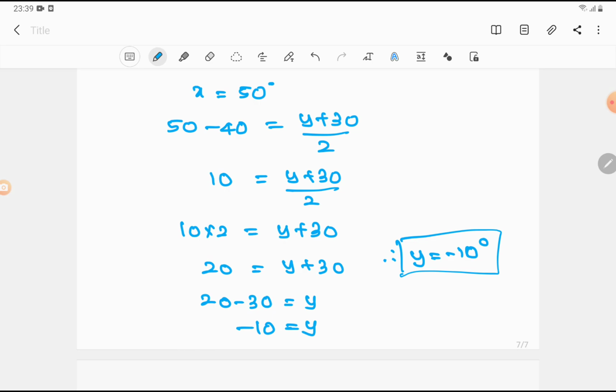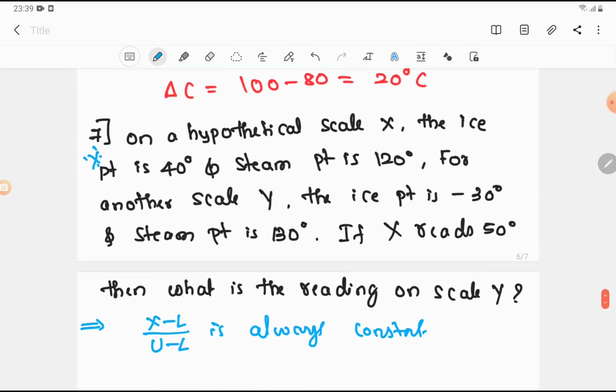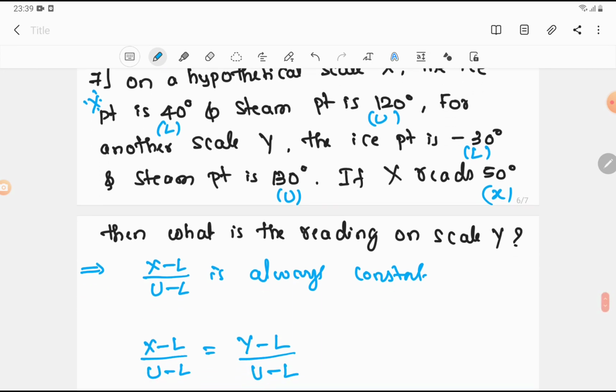This kind of question you can expect. Let me go through it again. On a hypothetical scale x, the highest point is 120 degree and the lower one is 40. For the y case, this is the lower one, this is the upper one. A small x that represents 50, you can find small y from the interrelation. The only thing is, your mathematics should be a little fast.